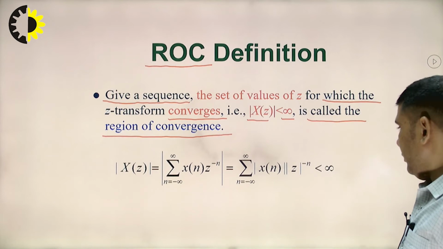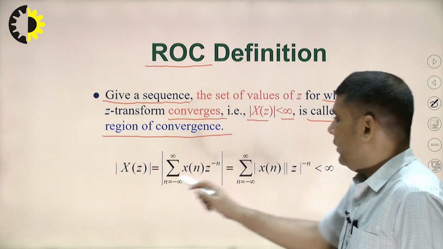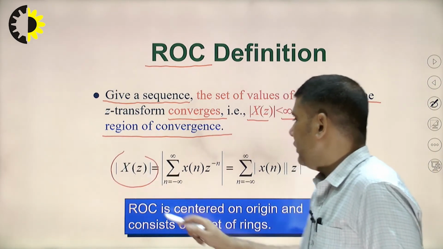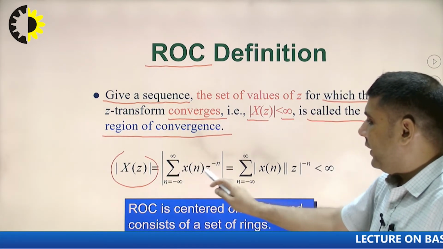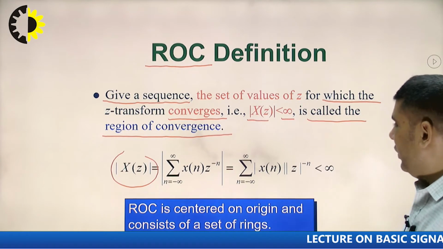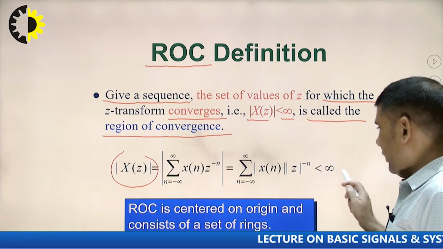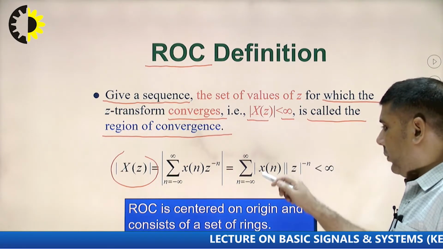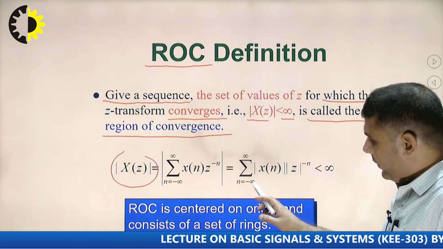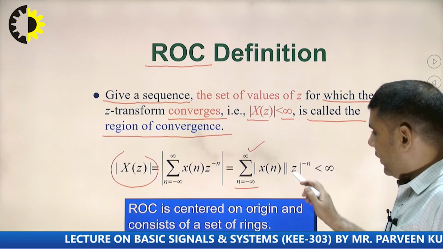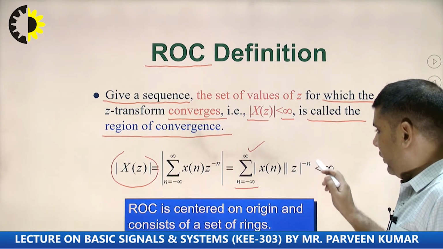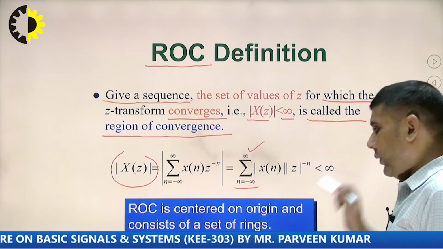So you can say X(z) magnitude is equal to summation n from minus infinity to plus infinity of x[n] z raised to power minus n, magnitude. So if you calculate this one, this overall magnitude, summation n from minus infinity to plus infinity of x[n] magnitude times z magnitude raised to power minus n, should be less than infinity.